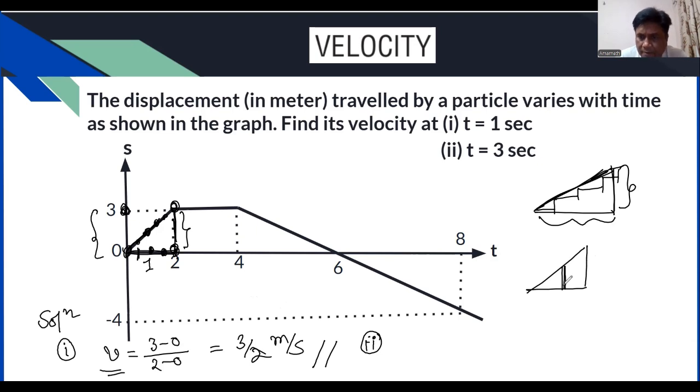If I take this perpendicular, this is 1, this is 0. So I know the base, but I don't know the perpendicular. Again, I have to calculate the coordinate of this point using some similar triangle concept. So who will go for this complicated process? As it is a straight line, the slope will be the same everywhere. It means the velocity at this point, at this point, at this, everywhere it will be the same. Okay?